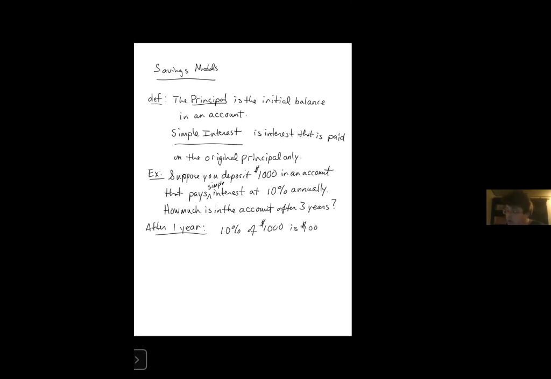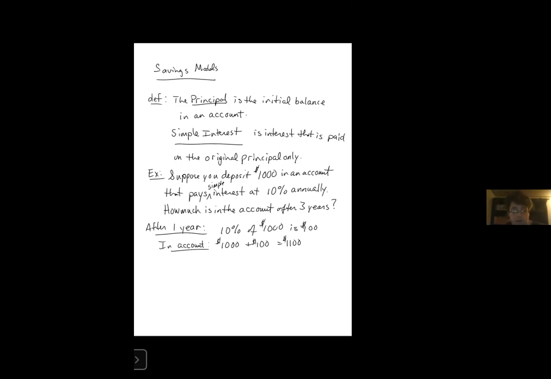So we earn $100 in interest after 1 year. So how much is in the account? Well, we have the original 1,000 plus the 100 in interest. Now, so this says after 1 year we have $1,100.